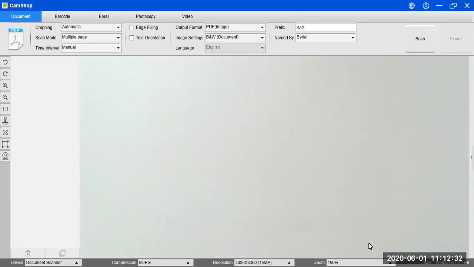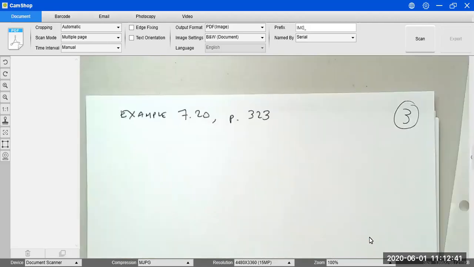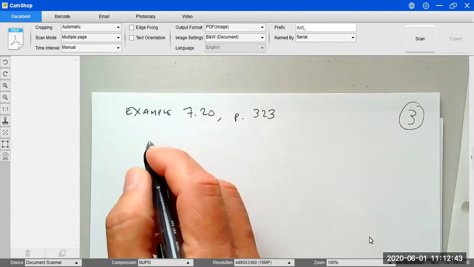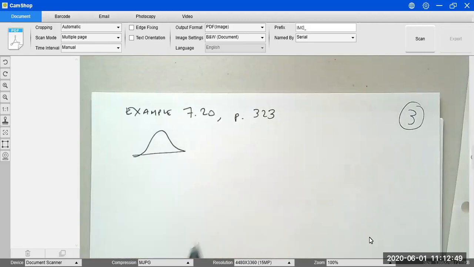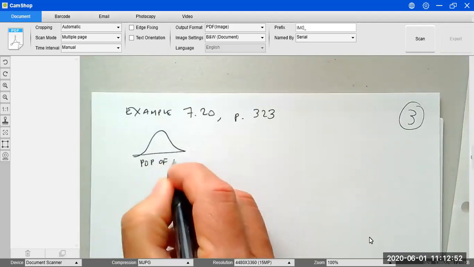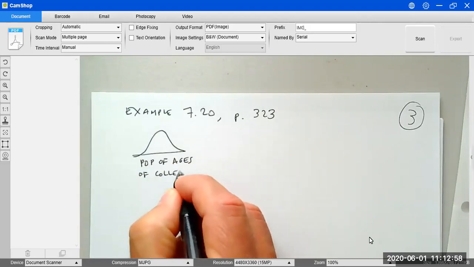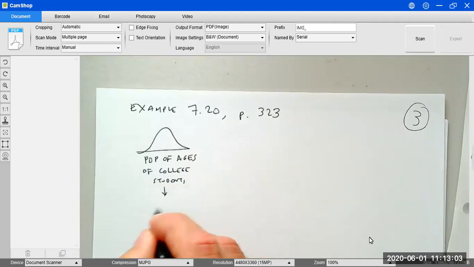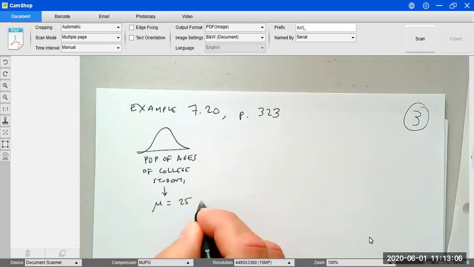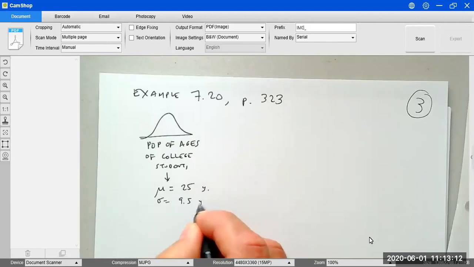In other words, what we have in this problem is first an original population of college students, the student ages. This population has a mean of 25 years and a standard deviation of 9.5 years.